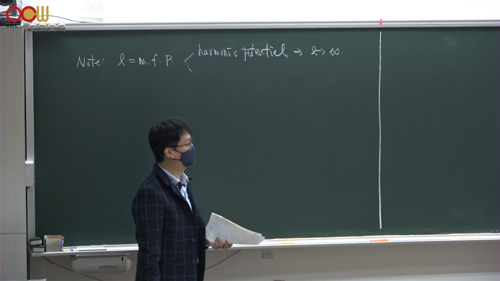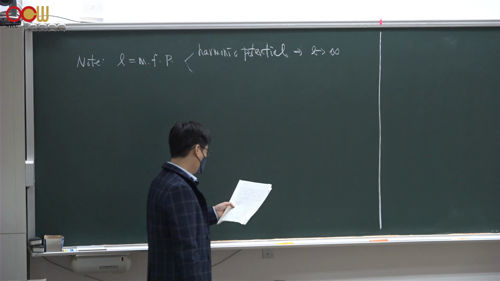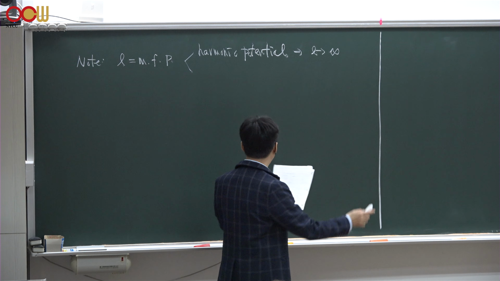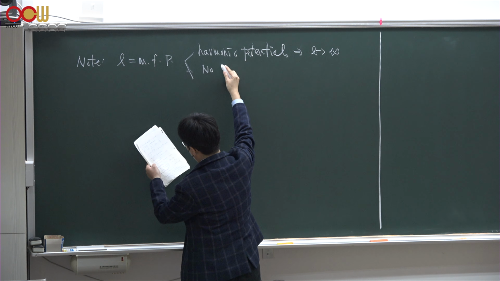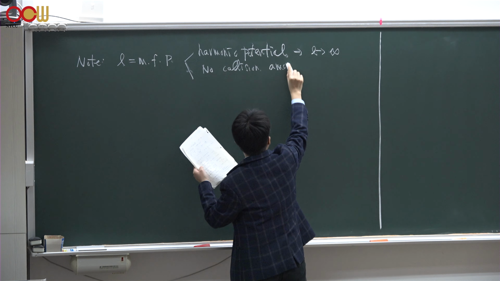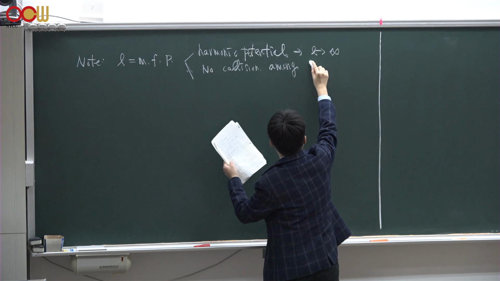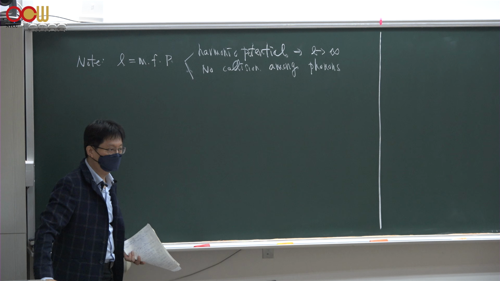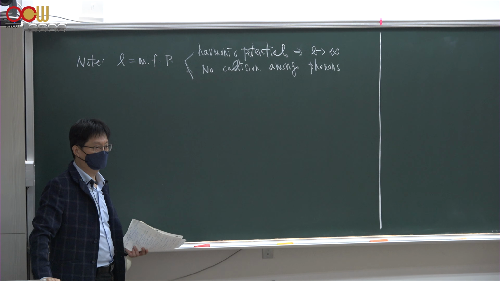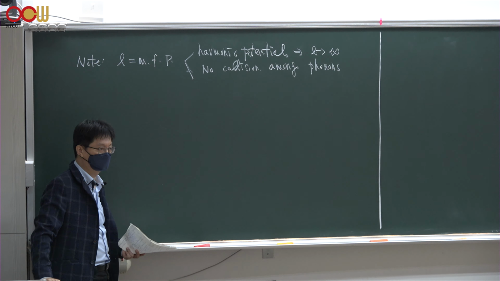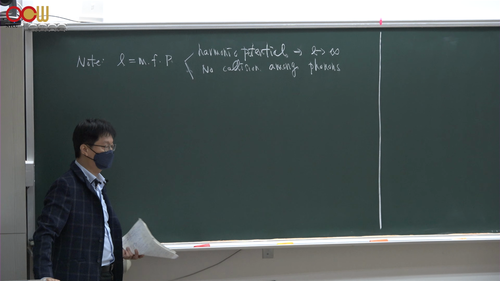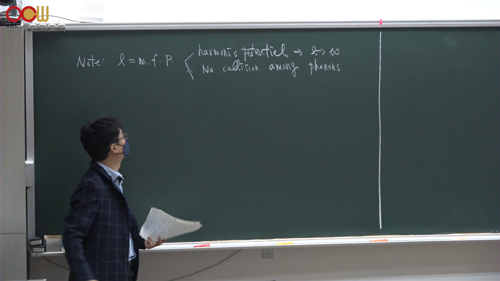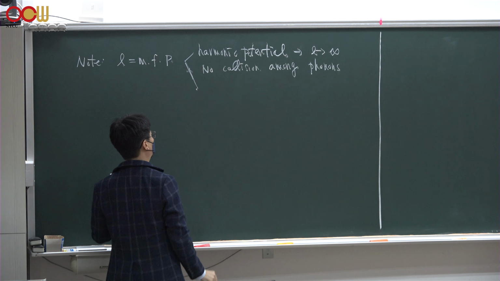Okay? So why? Because there's no mechanism for such a collision. There's no way that the phonons could collide with another phonon, which means that the phonons could live forever. Okay, so there's no way that the phonon can decay to either vacuum or to other phonons or different states.